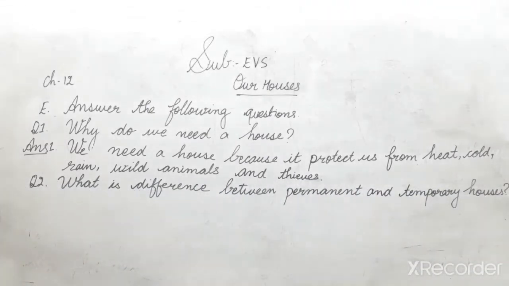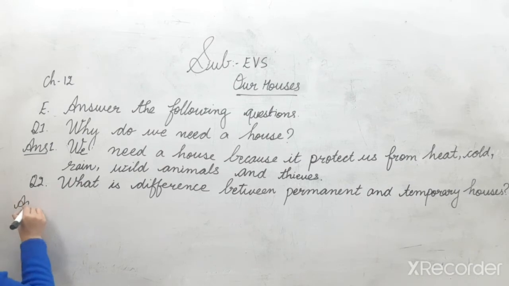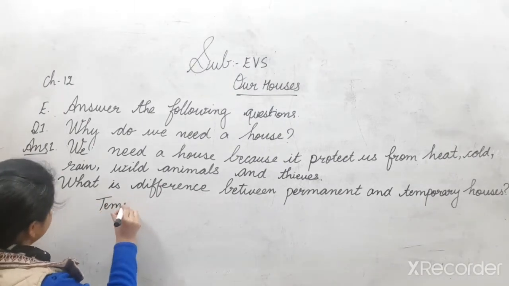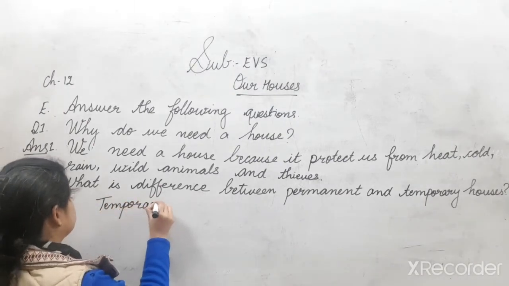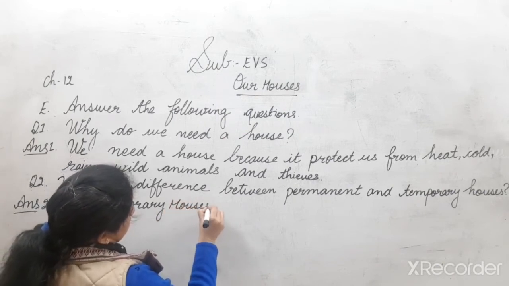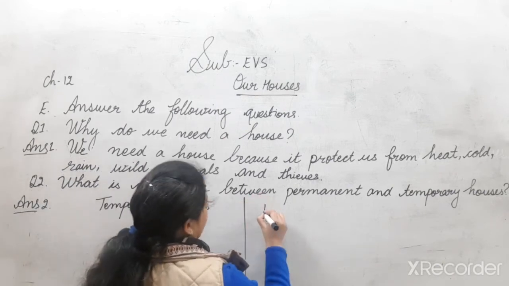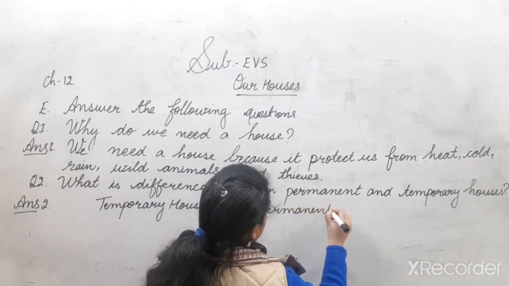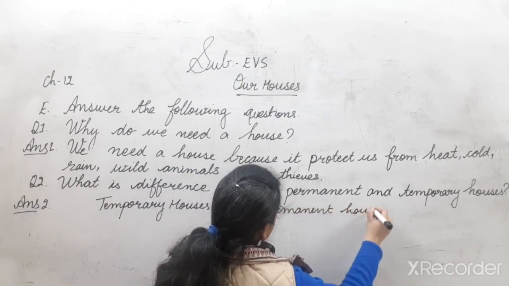So answer is temporary houses, you have to draw a line, and permanent houses.